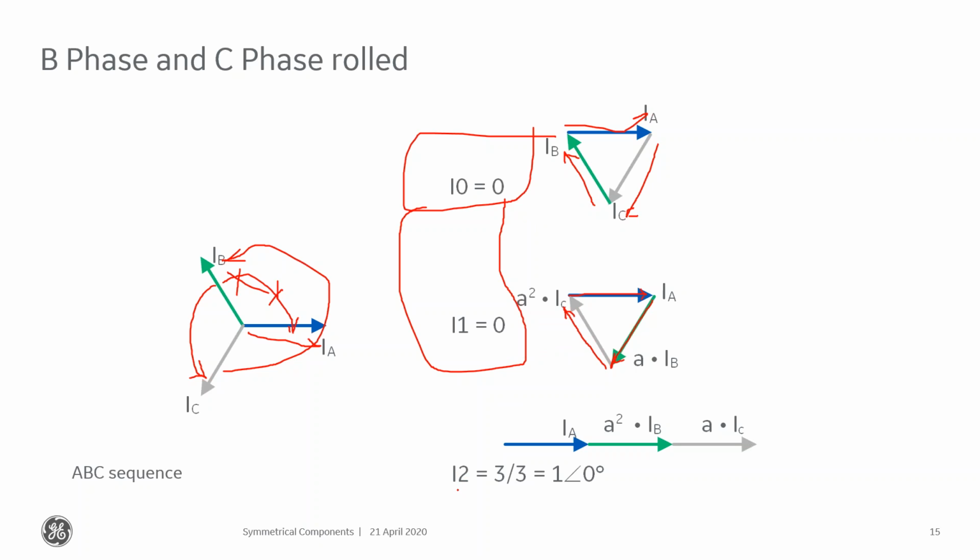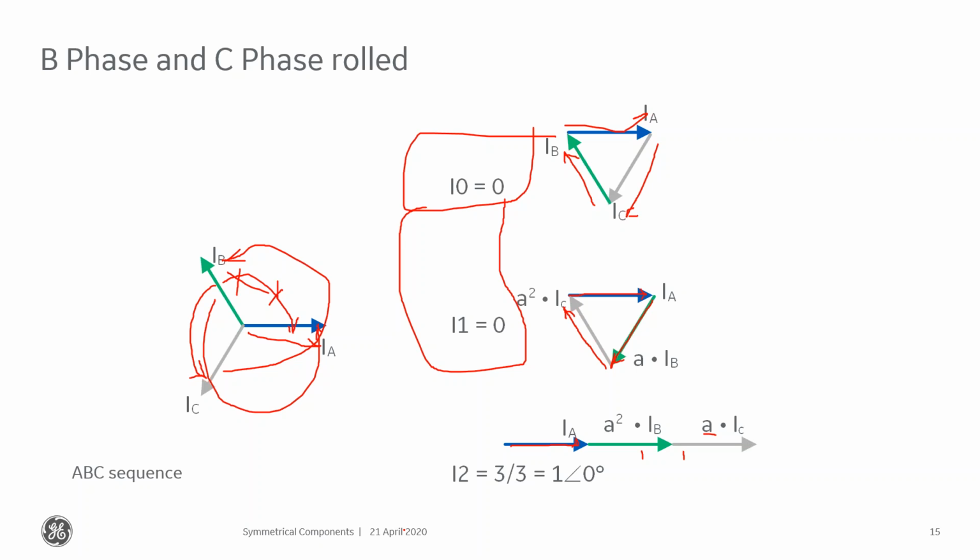And then when I do this same scenario with my negative sequence quantities, here's my IA, sitting right there. I'm going to shift B by 240, which puts it all the way around to here, in phase with IA. And then I'm going to shift C by 120, and that puts it in phase. So these vectorially sum to 3 per unit.